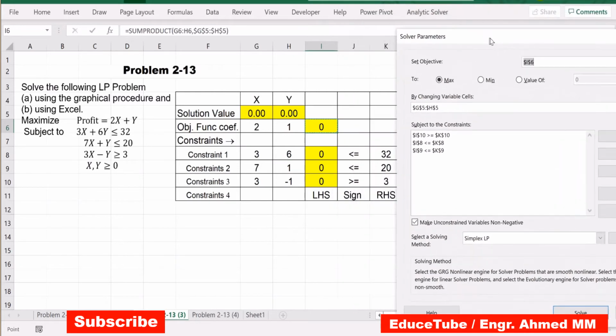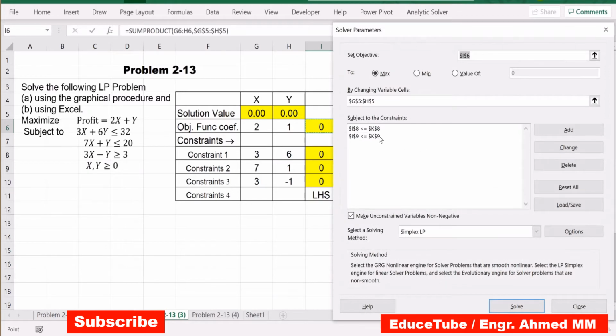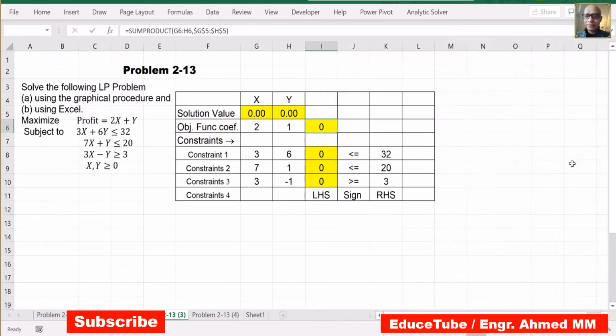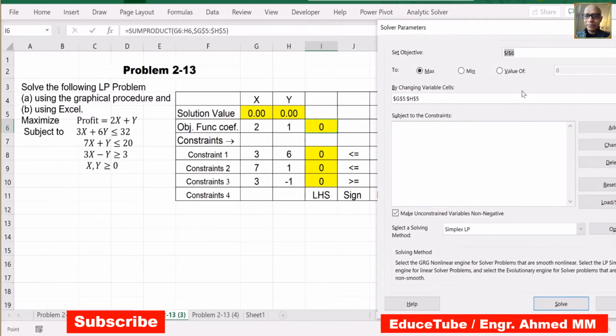Now this is the Solver I have. There is already an address and there are already some values here. I want to remove these, delete, because I will do it again. Delete and delete. Okay, but the other values will remain as they are, because the Set Objective is always this one, since our target is to find this profit.